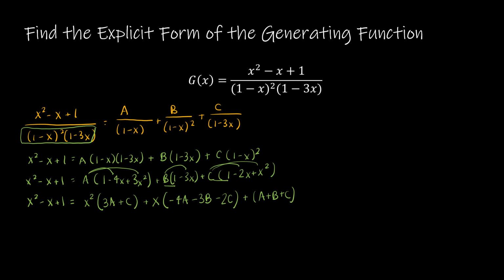Well, I've got 1x squared, so I've got 1 equals 3A plus C. I've got negative 1x, so negative 1 is going to equal negative 4A minus 3B minus 2C, which I'm going to make easier on myself and just write it as positive 1, positive 4, positive 3, and positive 2.